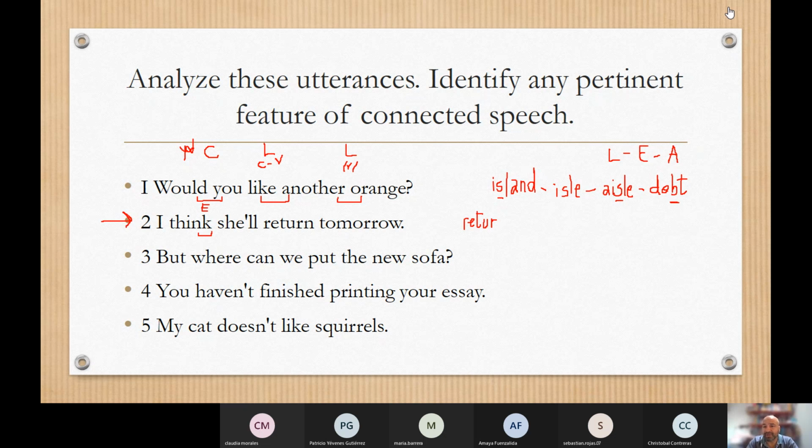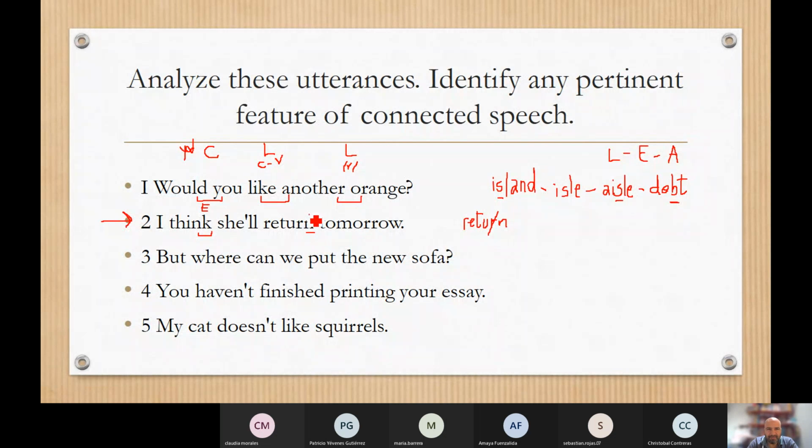It's not transcribed, right? So whenever we say "return," we're not pronouncing that one. That's one thing. And Maria Fernanda was pointing out that somehow this might be affected.